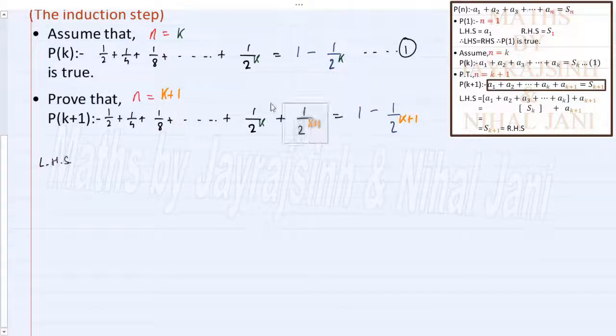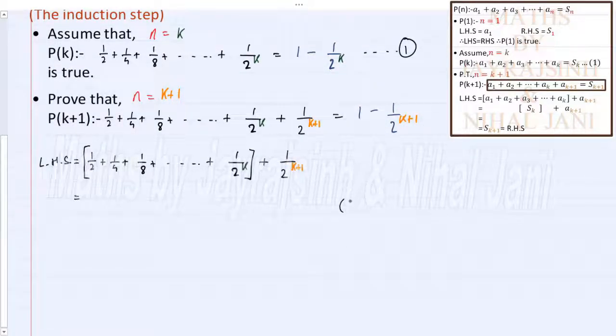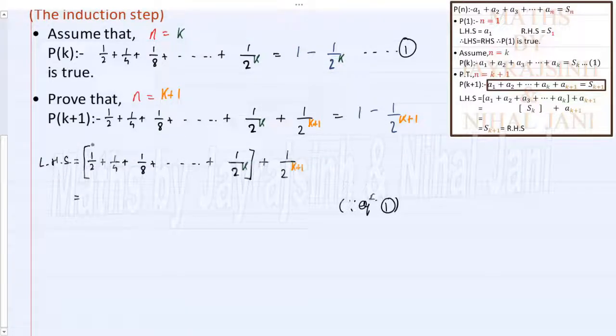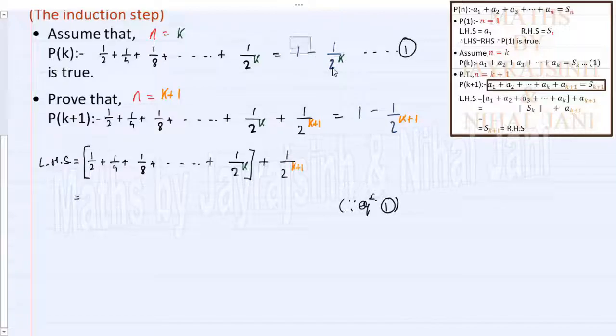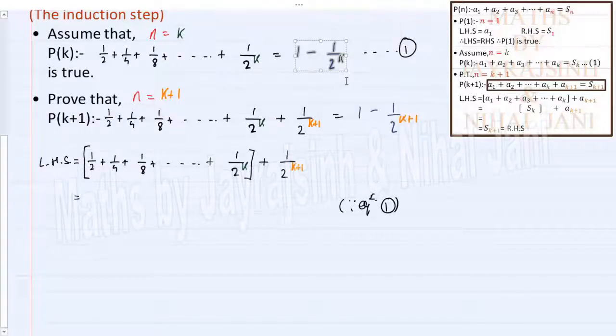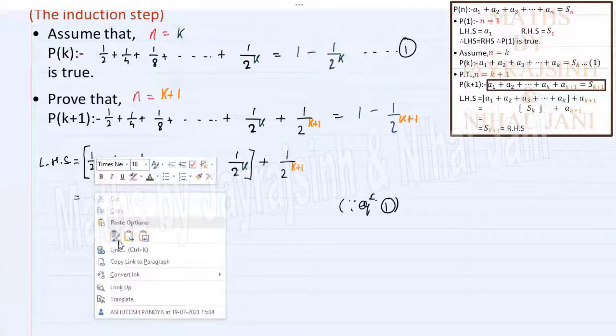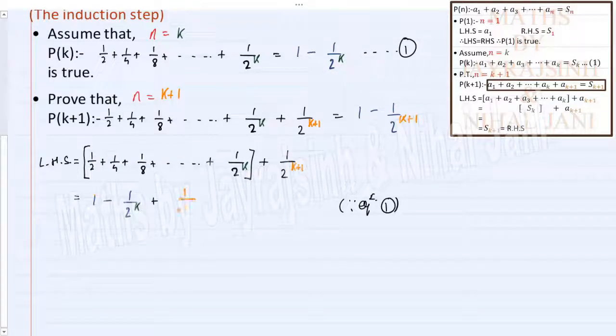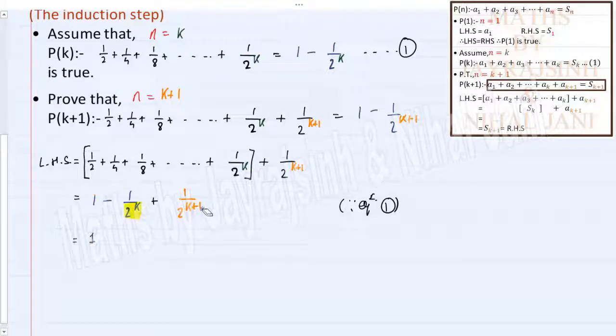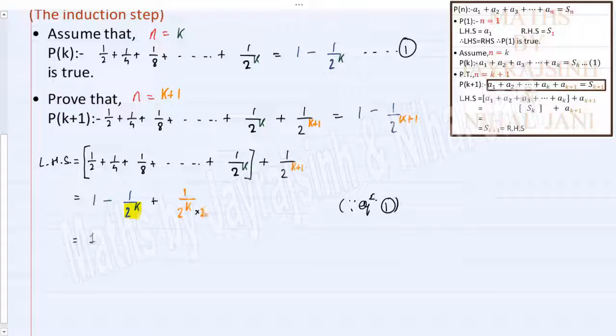Let's begin from the left hand side. We will use equation number 1, in which we already have the summation of first to kth term. So let's replace the whole bracket by 1 minus 1 upon 2 raised to k, and 1 upon 2 raised to k plus 1 will be as it is. This 2 raised to k plus 1 can be written as 2 raised to k into 2 raised to 1.